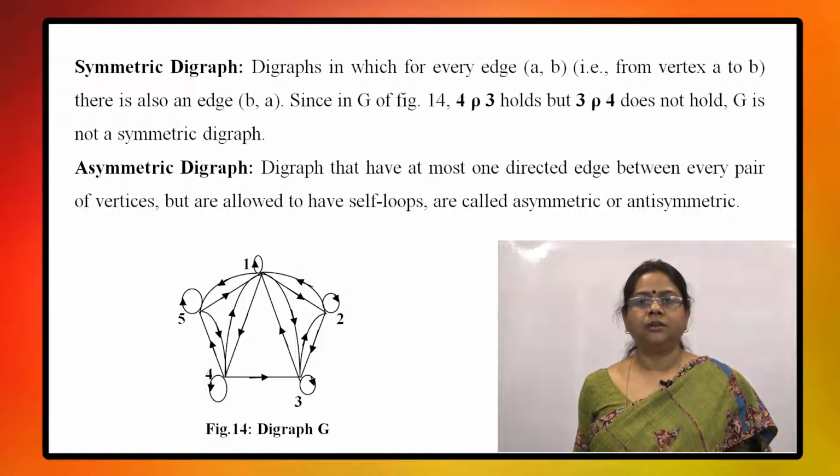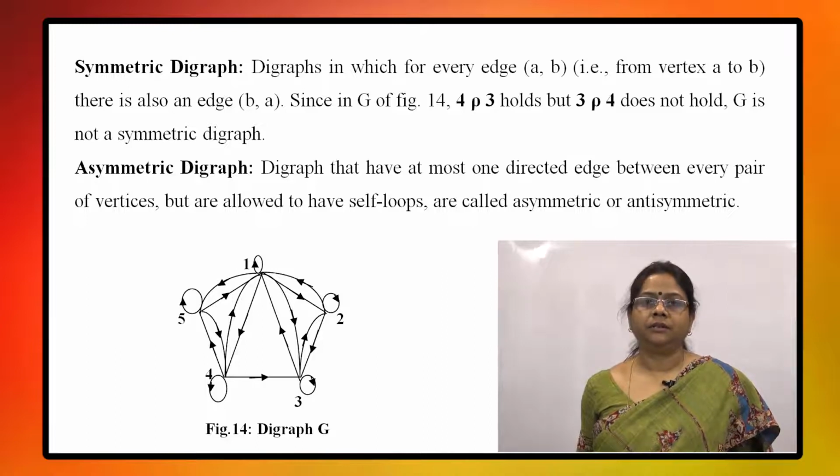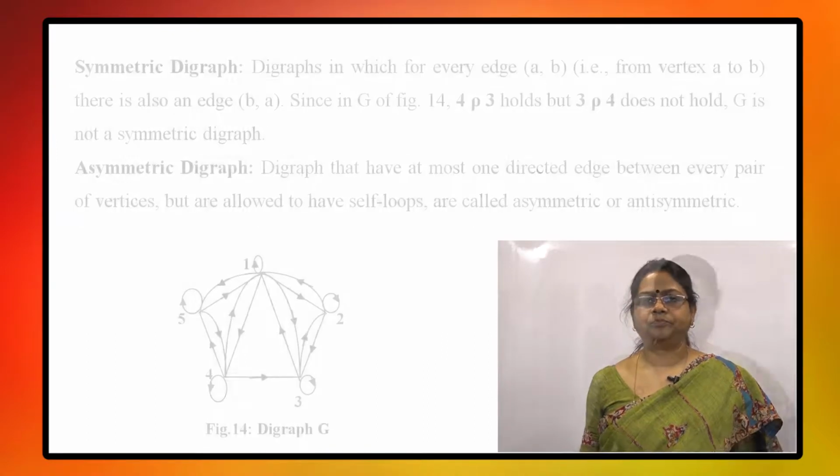But these are allowed to have self-loops. So they are called asymmetric or antisymmetric, and we can see that in figure 14 this digraph G is not an asymmetric digraph because between 2 and 3 there are two arcs oppositely directed. So this does not represent an asymmetric relation.